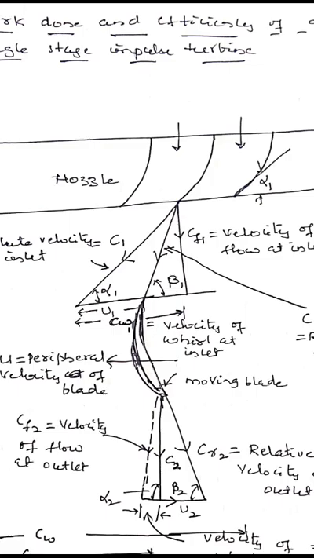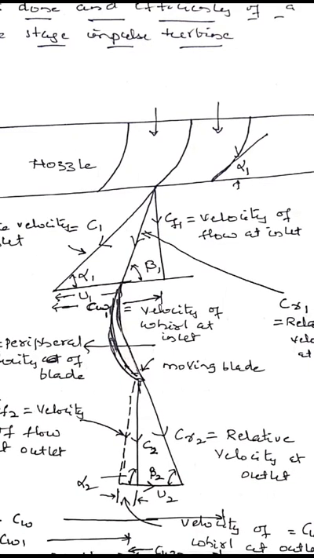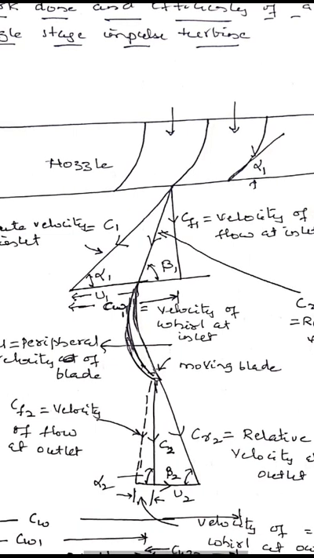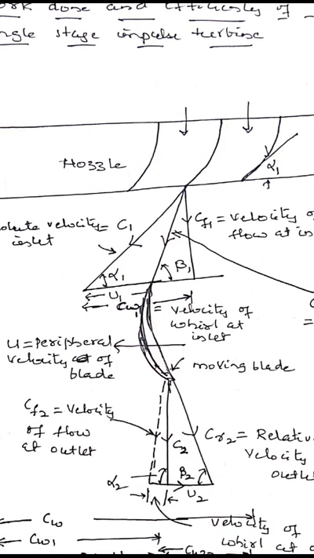Now, you can see the nozzle is inclined at an angle of alpha 1 with the horizontal line. So the steam also issues with an angle alpha 1 with the horizontal line.